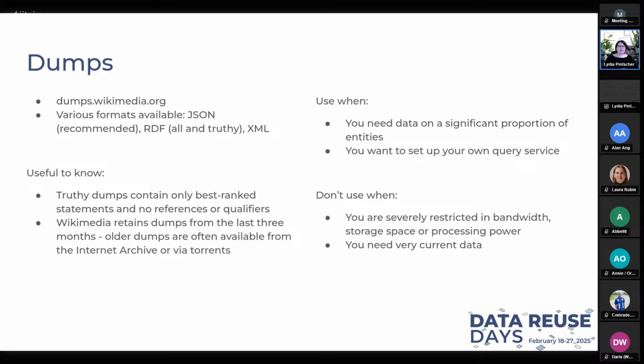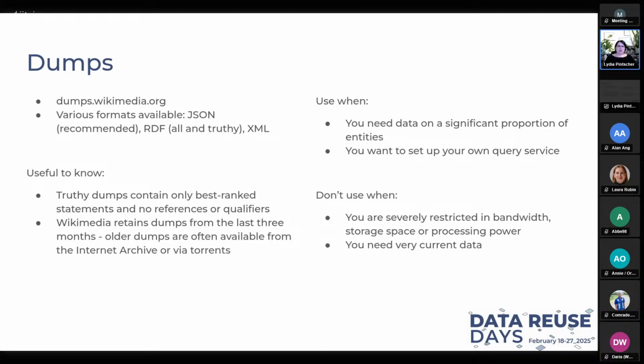There are truthy dumps you will find there. Those are the dumps that contain only the best ranked statements. So, for example, it will not contain historic data or references and qualifiers. So it's the smaller and less nuanced version of the data. But you can also get all of it, but then don't use the truthy dump.